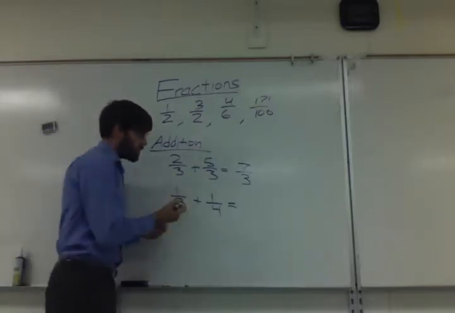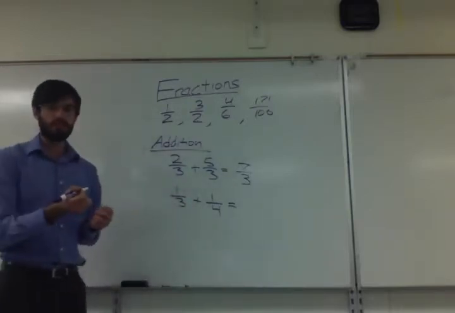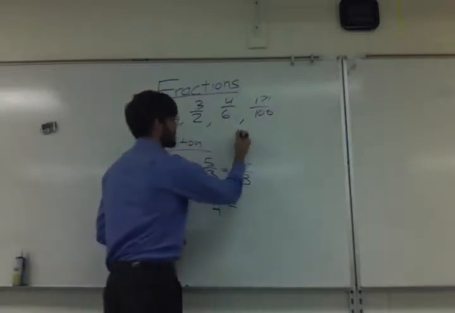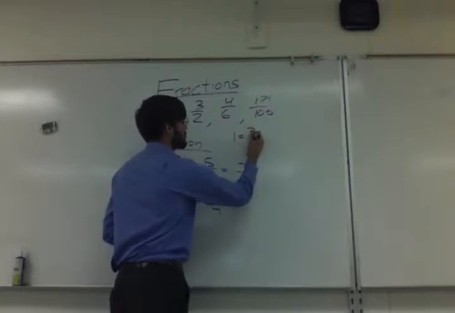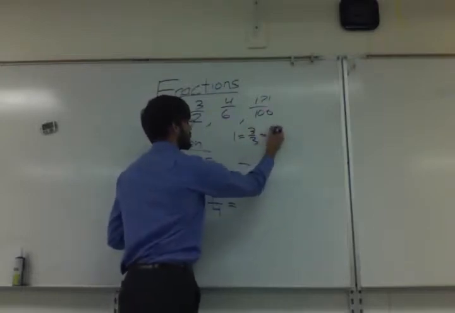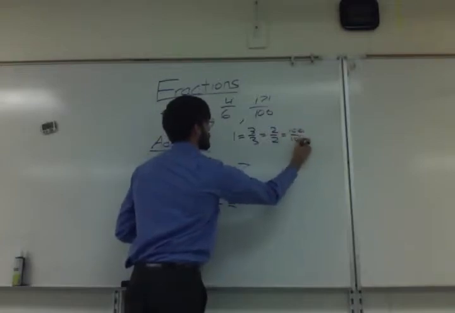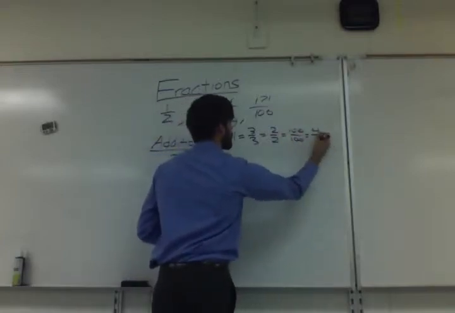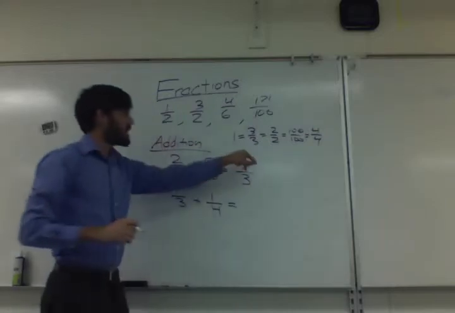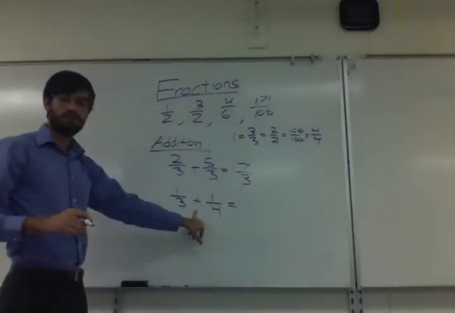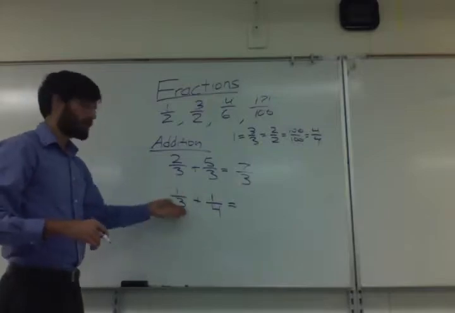So another version of 1, as we explored in the Weird Numbers video, is I'll write some versions of 1. 1 is equal to 3 over 3. It's also equal to 2 over 2. It's equal to 100 over 100. It's also equal to 4 over 4. So I can use any of these versions of 1 to multiply using the rules of fraction multiplication to get a common denominator here.